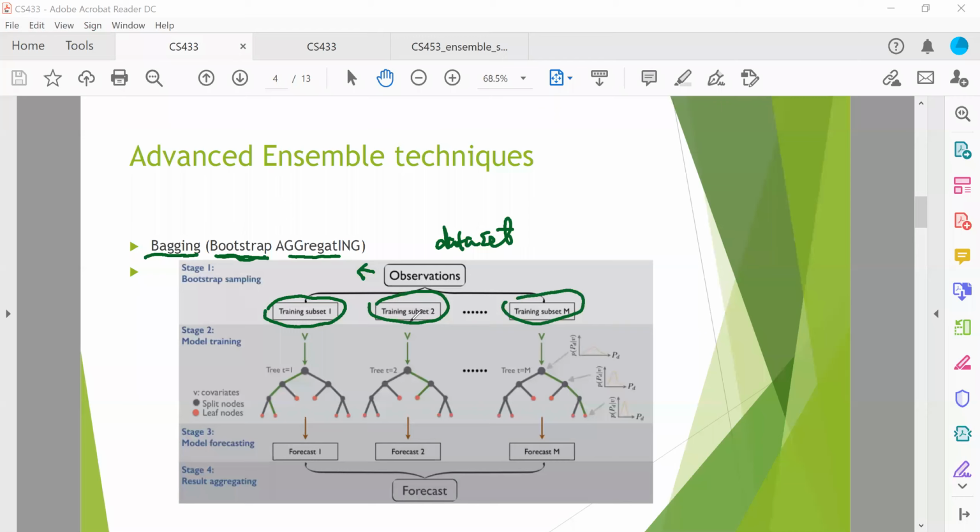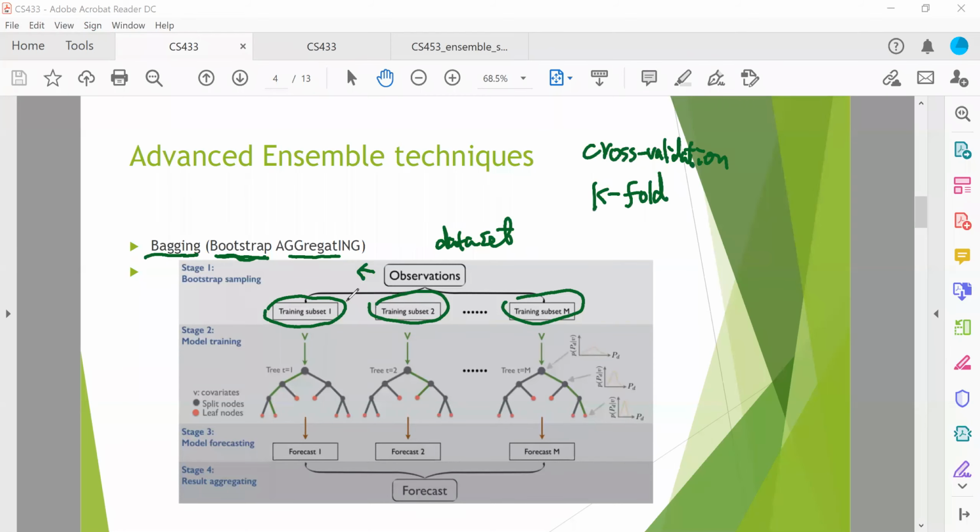You remember previously we also learned K-fold, the cross validation. But the purpose over there is validation, and it's also helpful to reduce overfitting. Over here it's a different strategy.